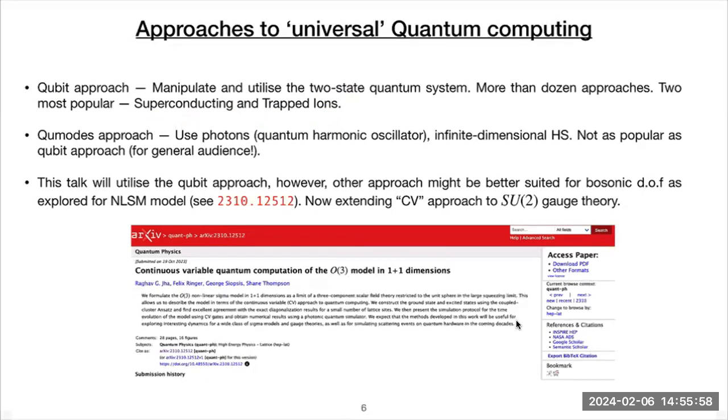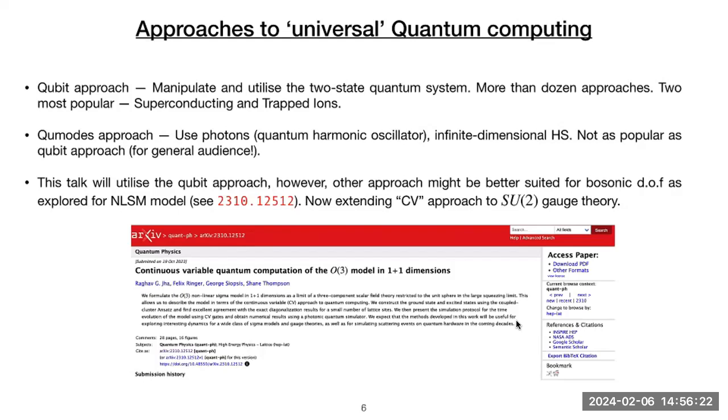But qubits are not the only quantum mechanical system we study. The most famous thing we study in a quantum mechanics course is the harmonic oscillator. So that approach is called the Q-modes approach. It is less known to the general audience, but the idea of Q-modes is to use a single harmonic oscillator, which has an infinite dimensional Hilbert space. The best example of that is a photon.